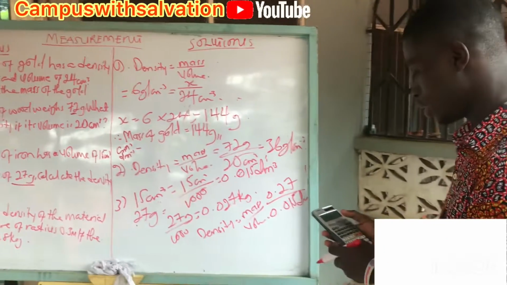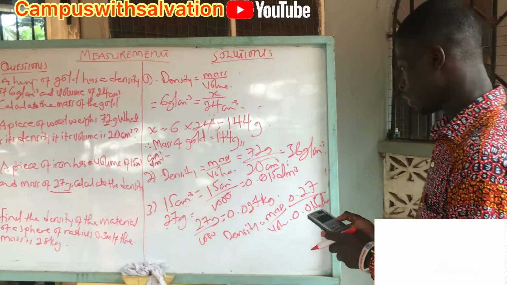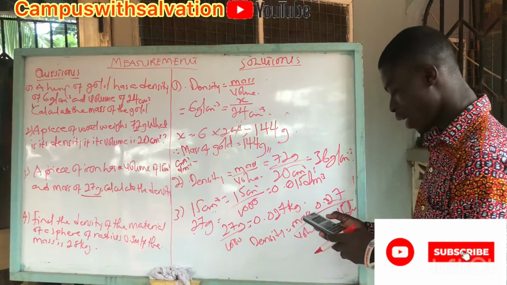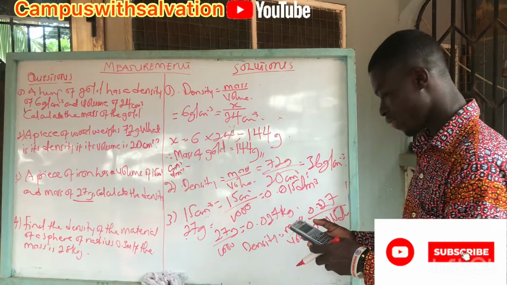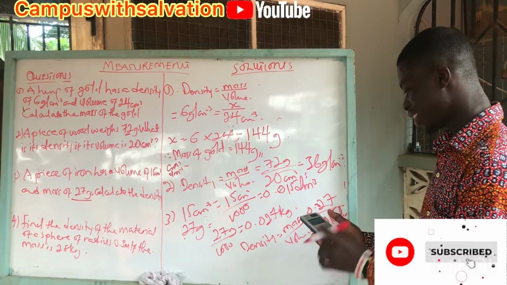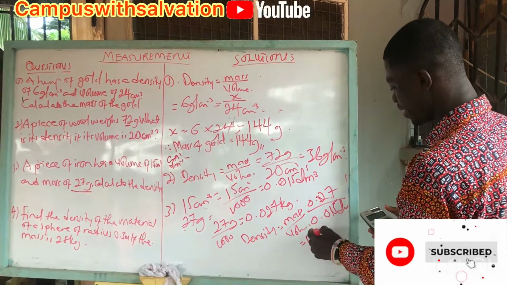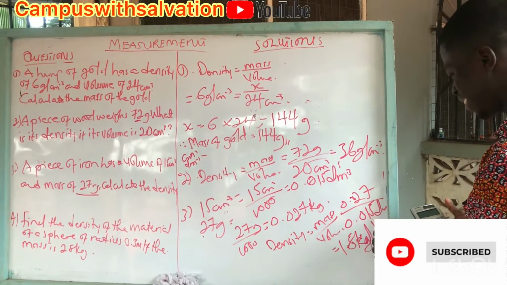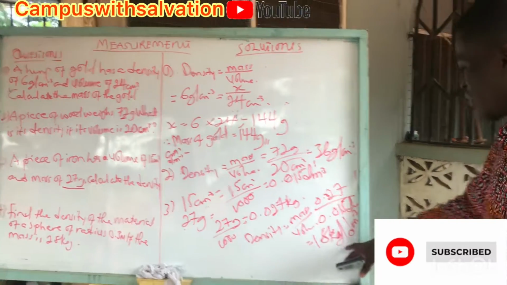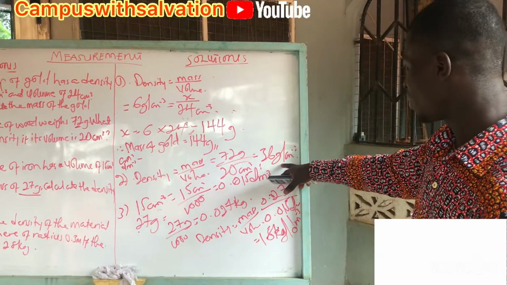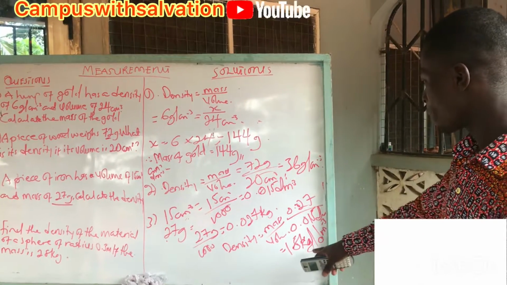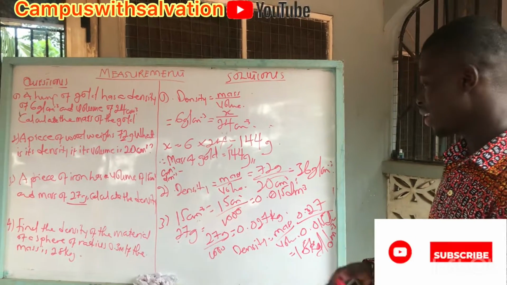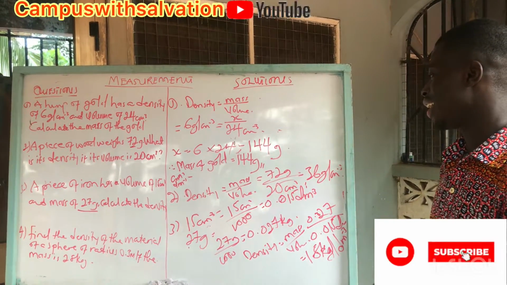So you just point it: 0.027 divided by 0.015, which will give us 1.8 kilograms per decimeter cube. So we take note of the unit too. You know this one was grams per cm cube, but here we have kilograms per dm cube because we just converted the grams and the centimeter cube.